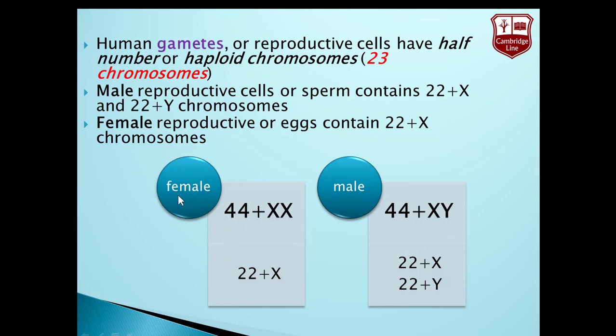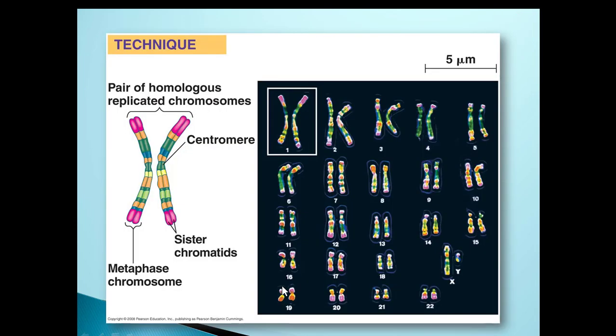Because the female has 44 autosomes and XX chromosomes, so 46 chromosomes in total. But when she gives to the next generation, it will be 22 plus X, just one version.